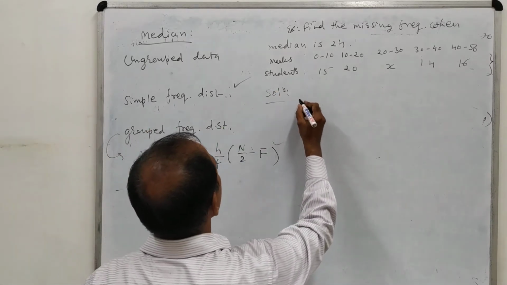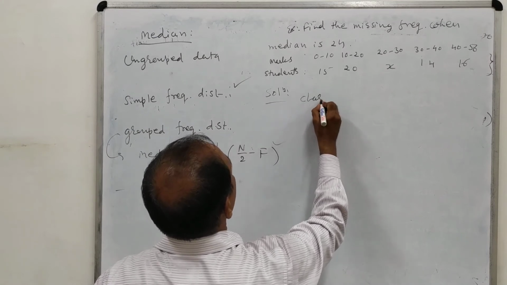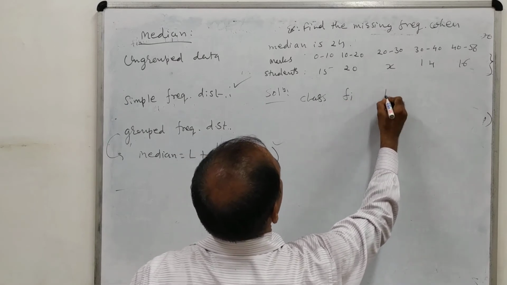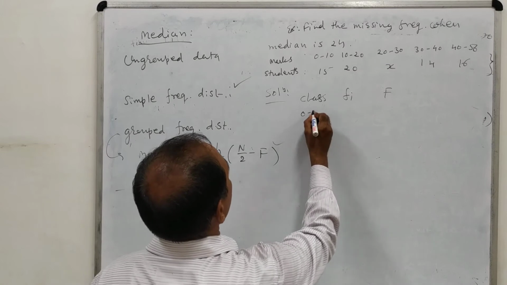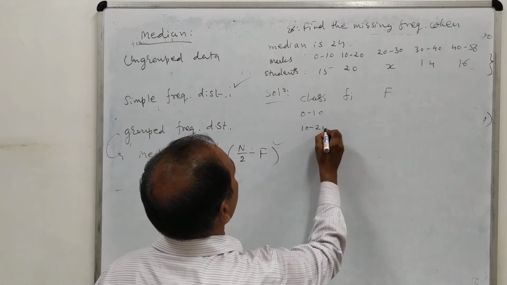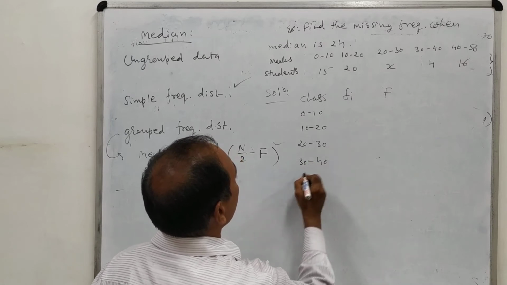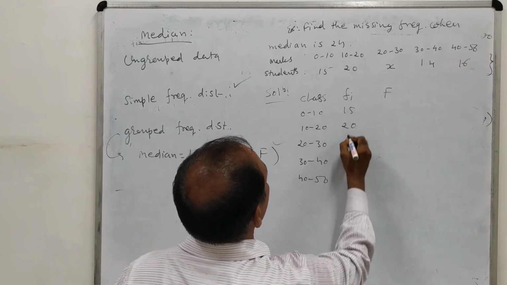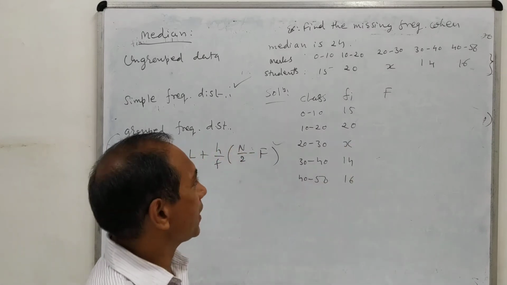First we write down the classes, then the frequencies, and then the CF. The classes are 0 to 10, 10 to 20, 20 to 30, 30 to 40, 40 to 50. And the frequencies are 15, 20, X, 14, 16. We want to find the value of X.